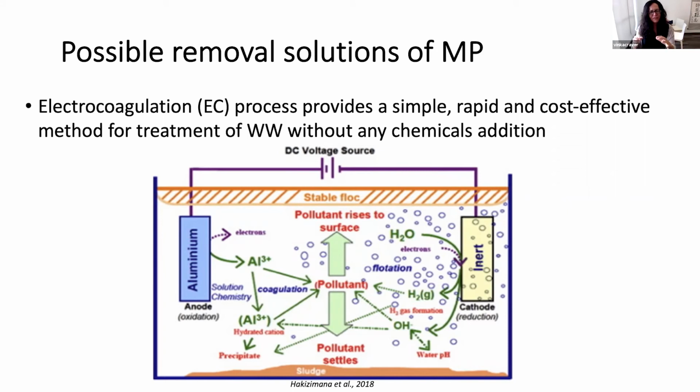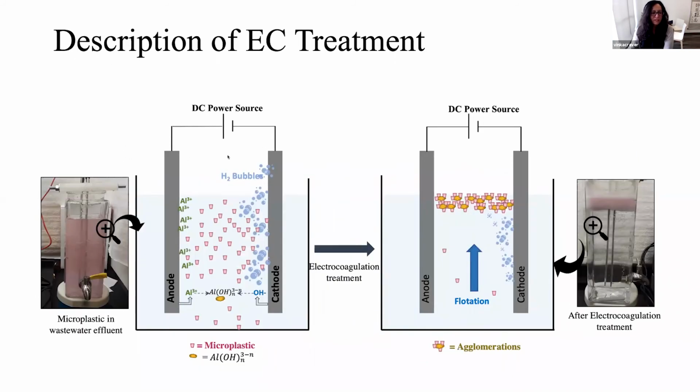Will this be effective to remove microplastic from the wastewater system? The idea is that we could add this as a next step after the sedimentation, the last step, to remove this microplastic, so it would be an upgrade for the wastewater treatment plant. So this is what we did.